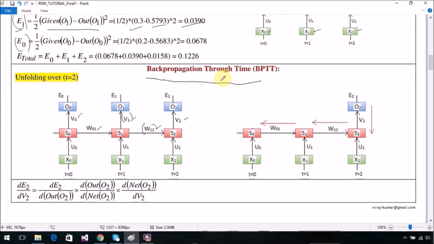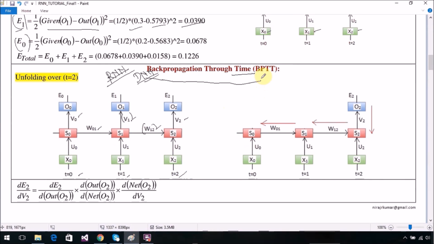But here, as we discussed earlier, recurrent neural network architecture is slightly different from traditional deep neural network architecture. Here we take the inputs at different time intervals.